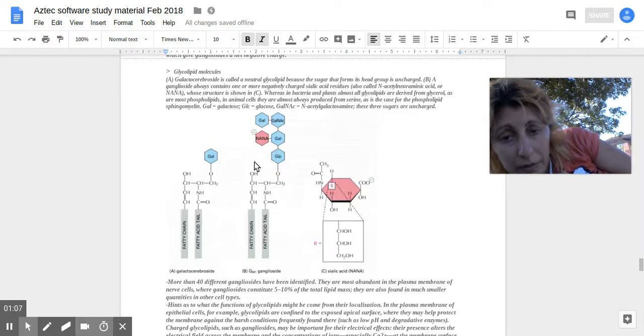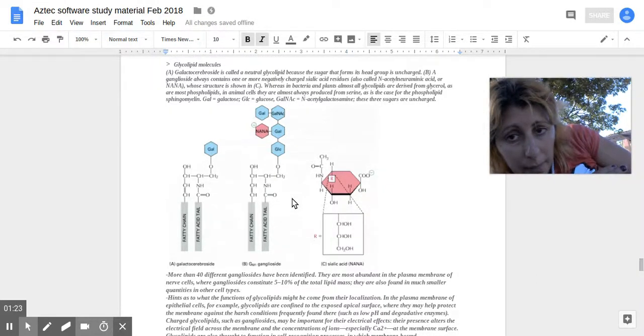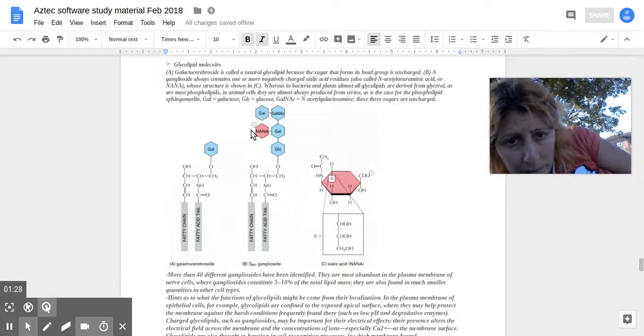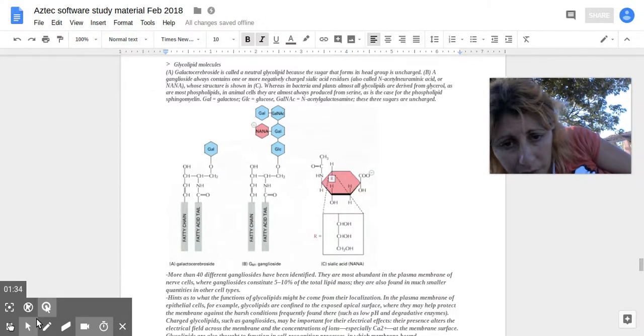There may be different kinds of sugar molecules, such as galactose, glucose, sialic acid, or acetylgalactosamine, which is GalNAc for short, bound to the backbone.